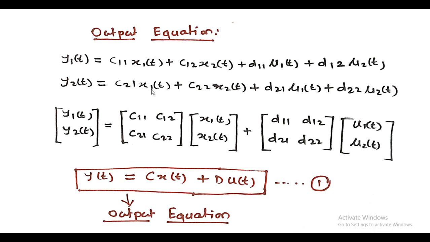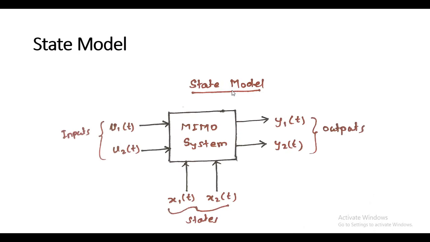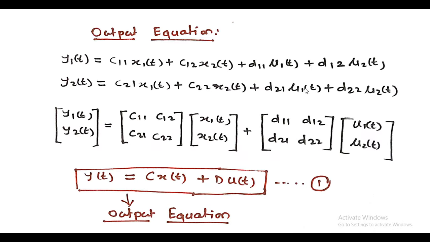The x1t and x2t as the states are present here, and u1t and u2t as the inputs are present here, and C21 and C22 are the particular coefficients of x1t and x2t respectively. Similarly, D21 and D22 are the coefficients of u1t and u2t respectively. In these coefficients, the first index 2 represents y2, the second output, and the second index represents x1t and x2t. Okay, so this is very important.